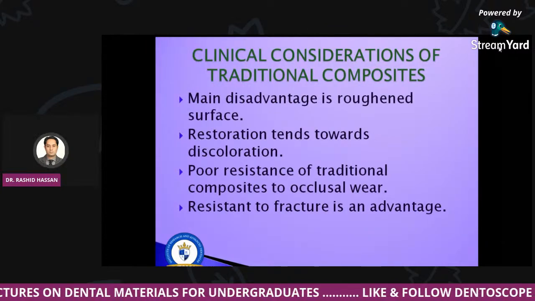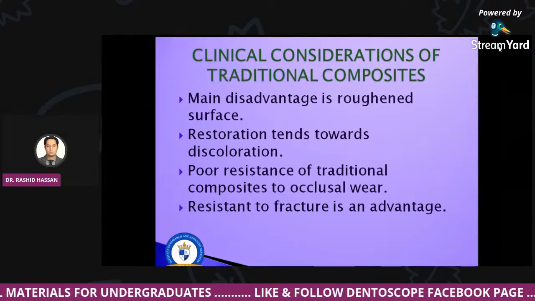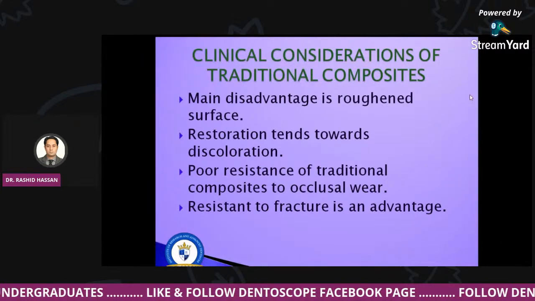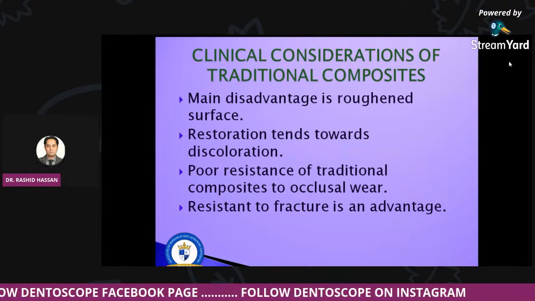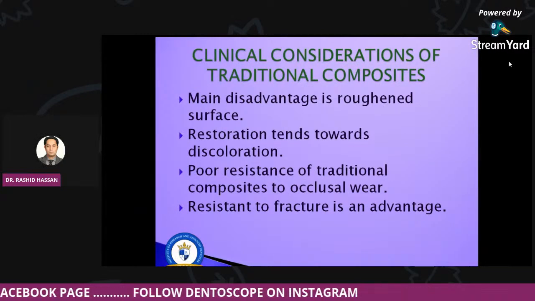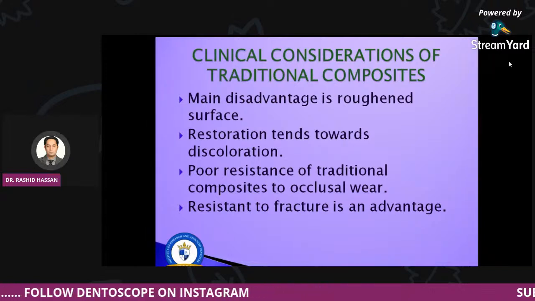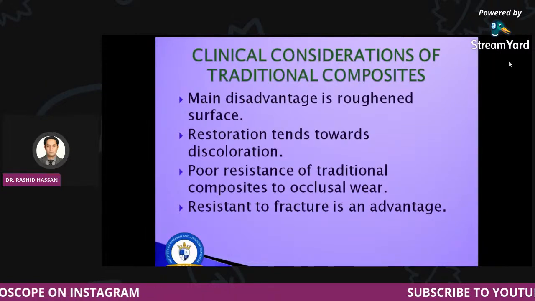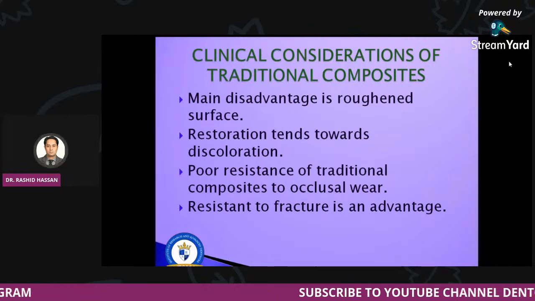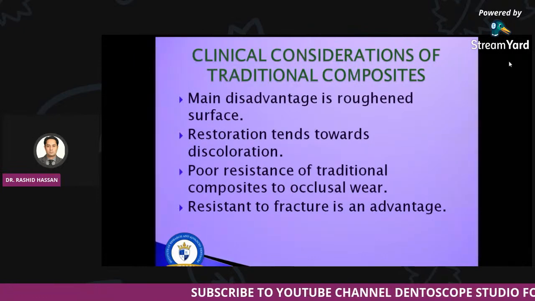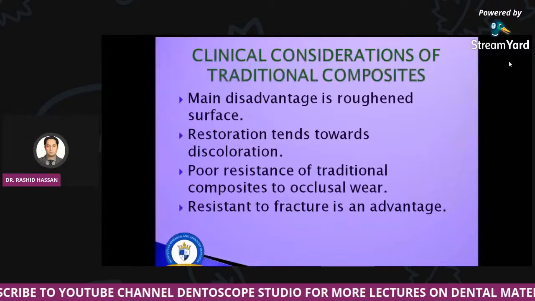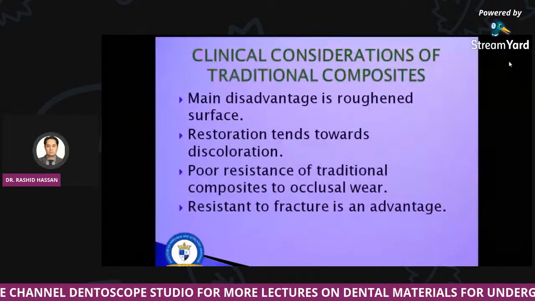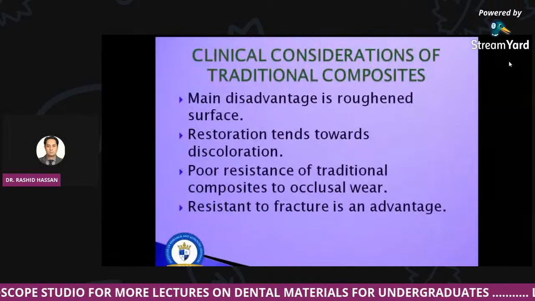One disadvantage of the traditional composite was a roughened surface. That was a big disadvantage, that due to the large particle size, the surface was the major drawback, because of this surface you could not easily polish or finish these traditional composites. So that's why it had a roughened surface, and a roughened surface is a very big disadvantage.